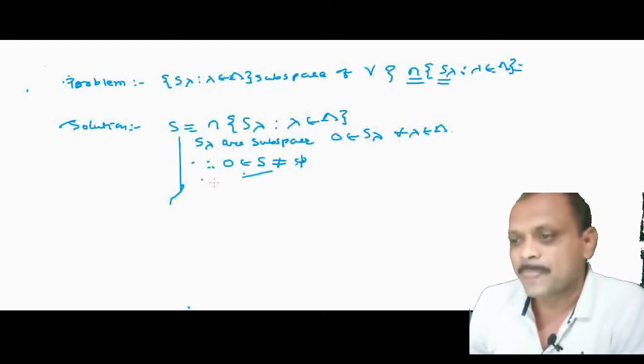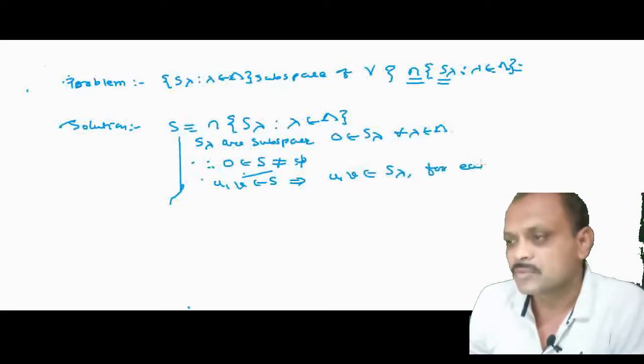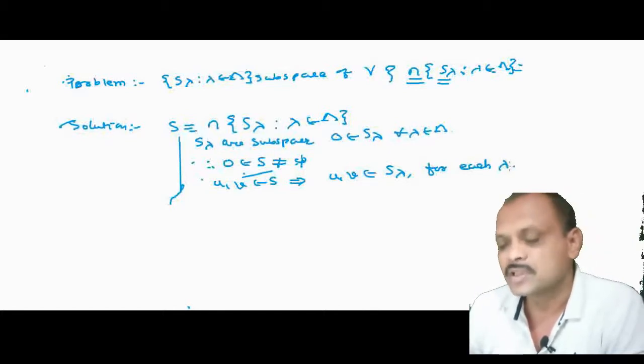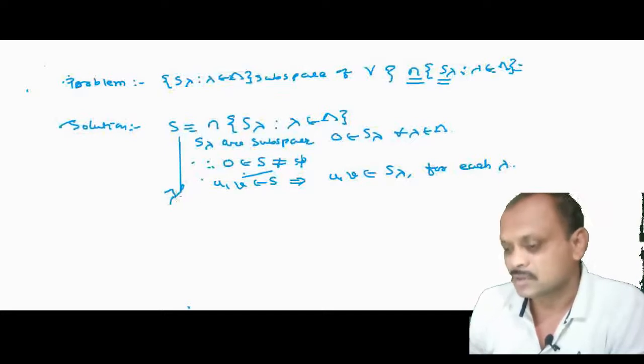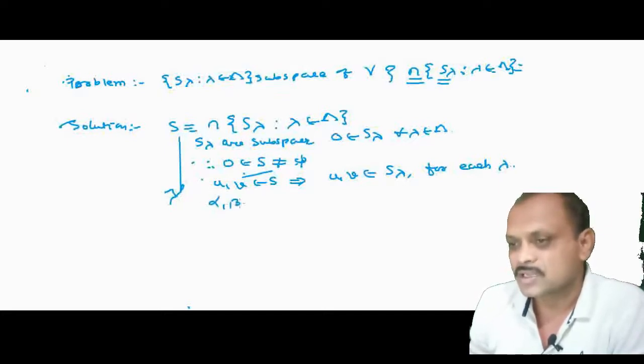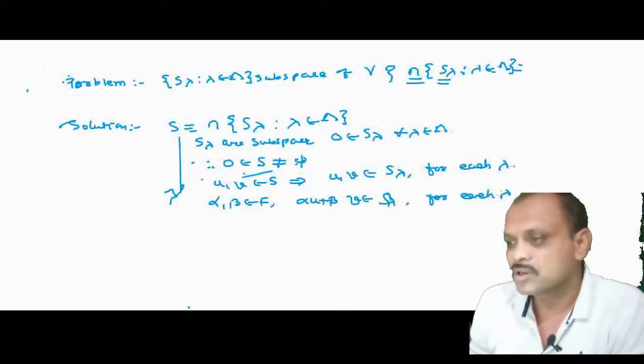Now consider any two elements of S, u, v belonging to S. This implies that u, v belong to S lambda for each lambda. They are members of every set S lambda, but each S lambda is a subspace, and therefore if we take scalars alpha, beta belonging to F, alpha u plus beta v belongs to S lambda for each lambda.